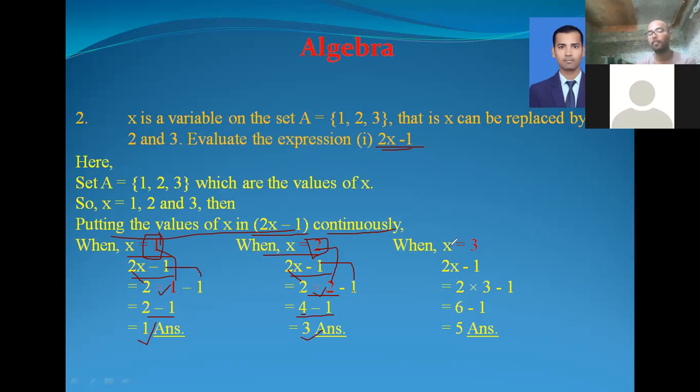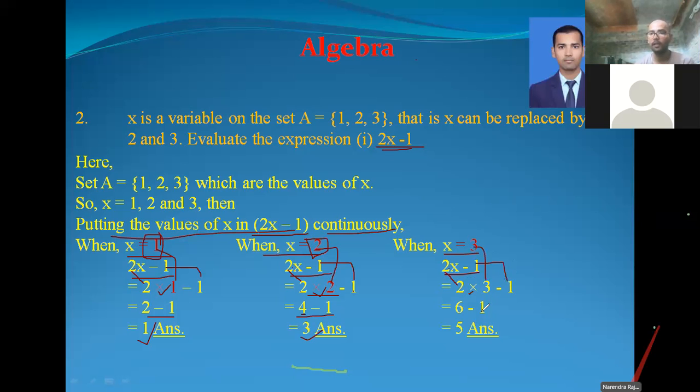Similarly, in the same way, when we have x is equal to 3, when we replace the value of x in the expression 2x minus 1, we have 2, and between 2 and x there is no sign, that's why we have given a multiplication sign, and the value 3 is given here, and minus 1 is from here.